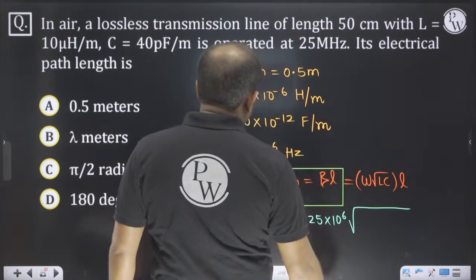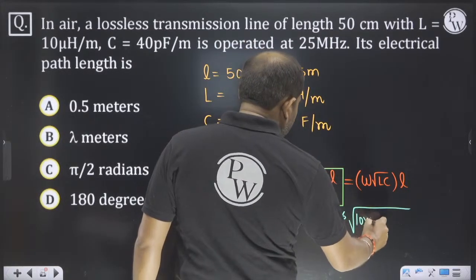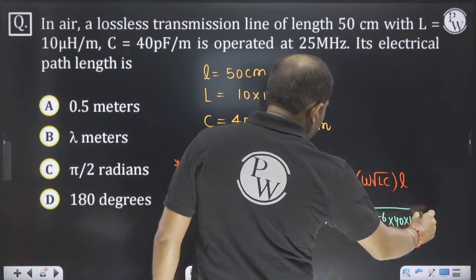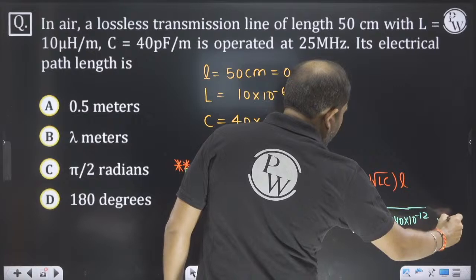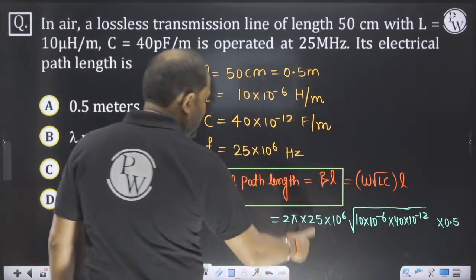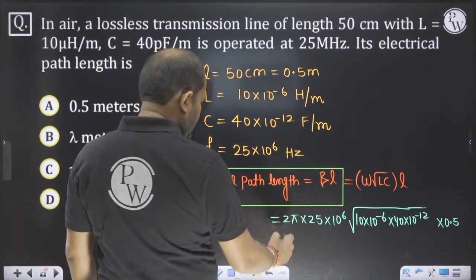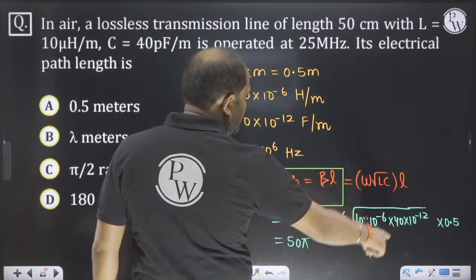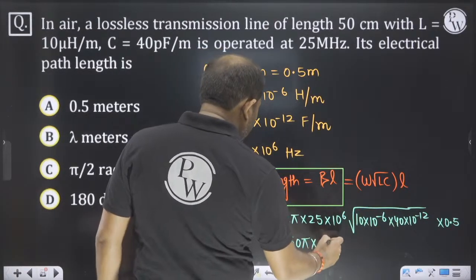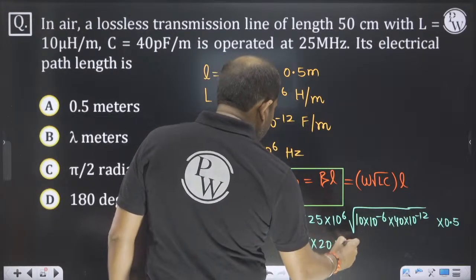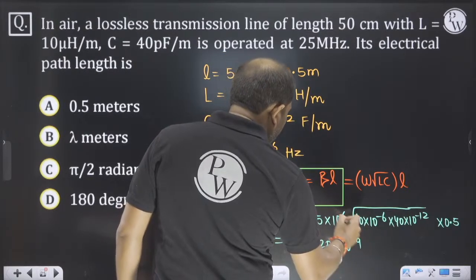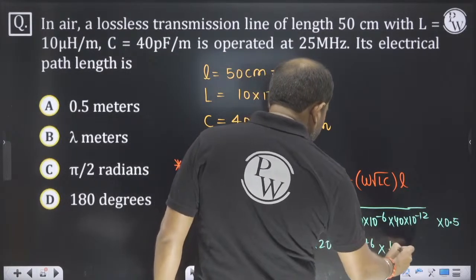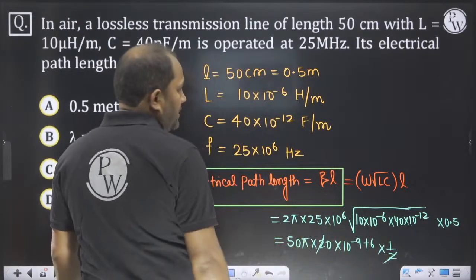L is 10 into 10 to the power minus 6 and C is 40 into 10 to the power minus 12, and the length is 0.5. So it will be 50 pi. Under root 400 is 20, 10 to the power minus 18 root is 10 to the power minus 9, and with 10 to the power 6, and 0.5 means 1 by 2. So 2 will be cancelled out.